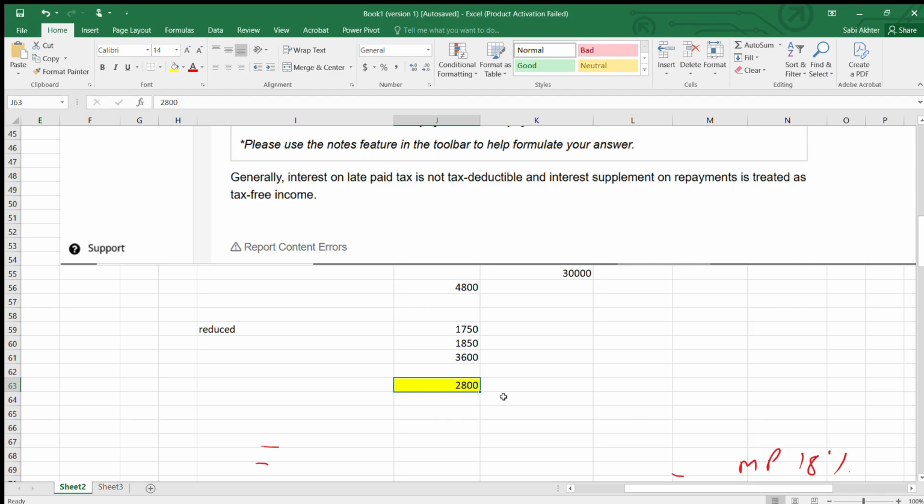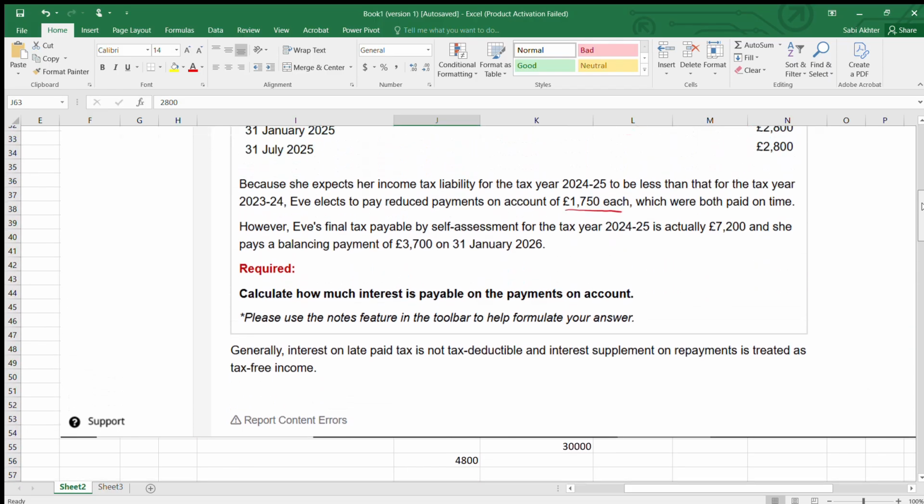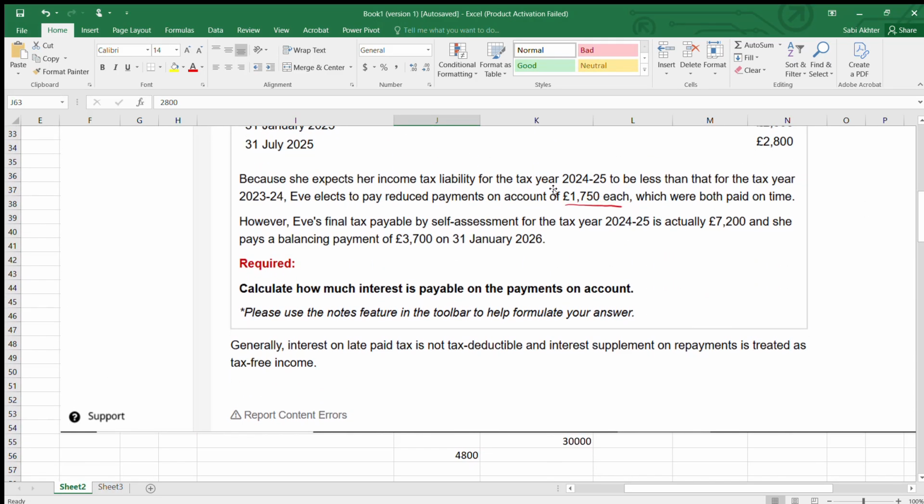So now you have to know how late it is. So now both are paid on time. You have to take 1750 and deduct it from 2800.